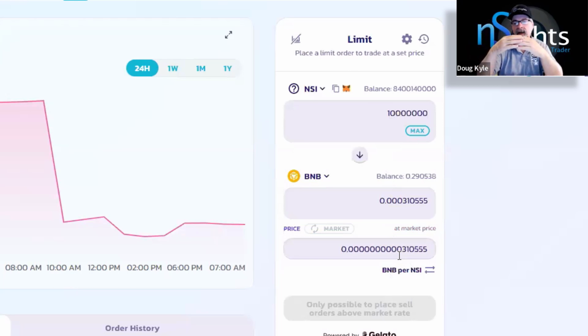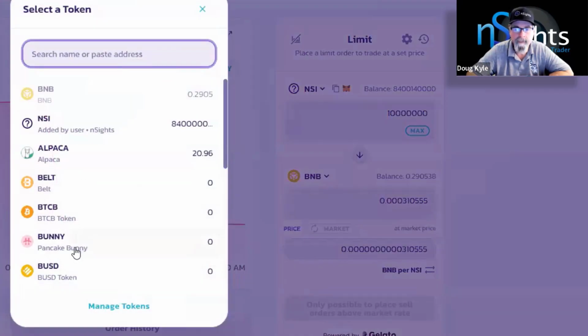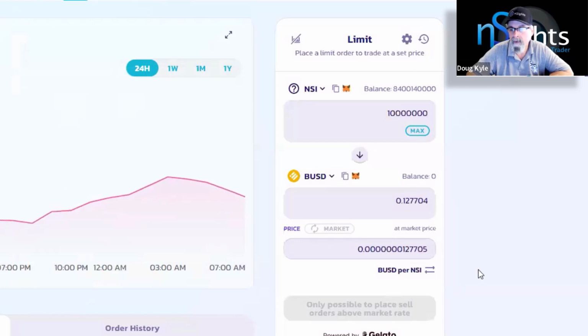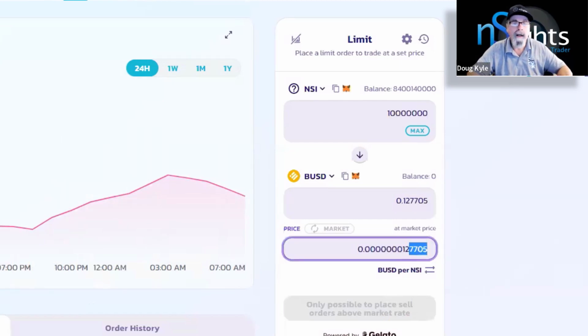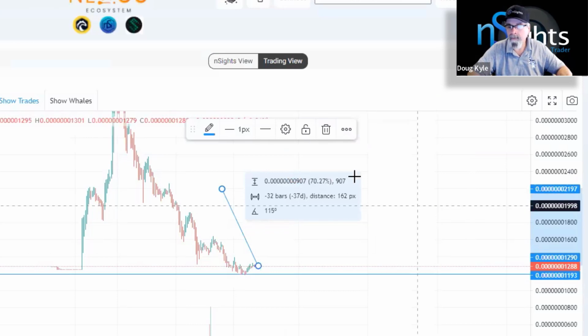So if NSI is going up, then BNB is actually going down. So let's figure this out. Let's change this to USD just real quick. Okay, we're currently at this market price. If I said I wanted to sell it at, let's get the number again.